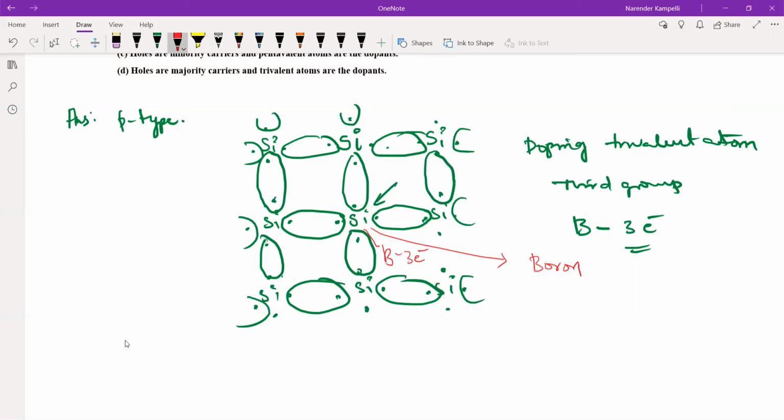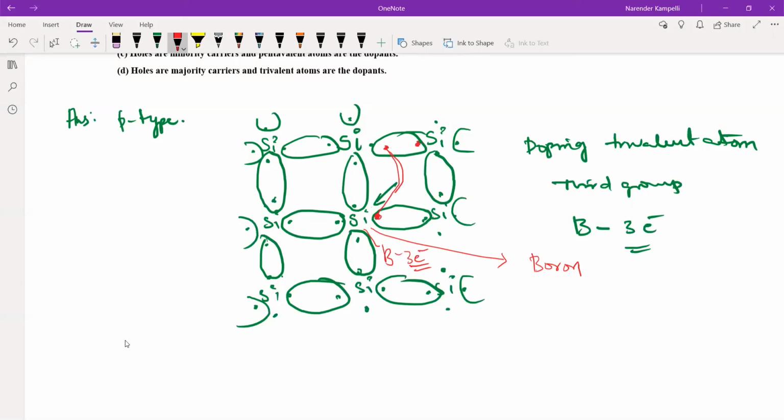So electrons will be taken from the other covalent bond to this one, because there are only 3 electrons.